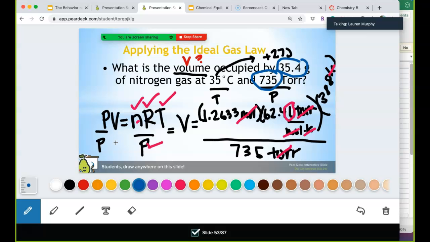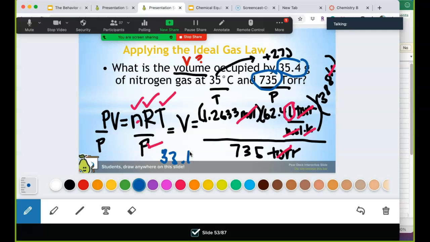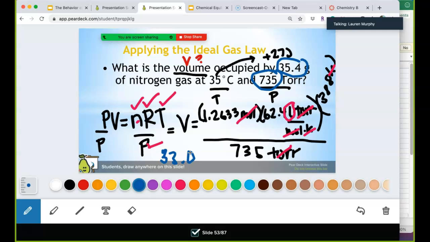I'm getting 33.0 liters. Anybody else get that?